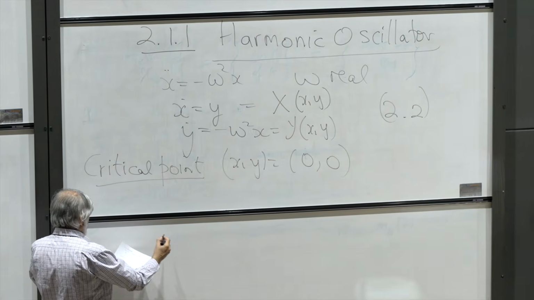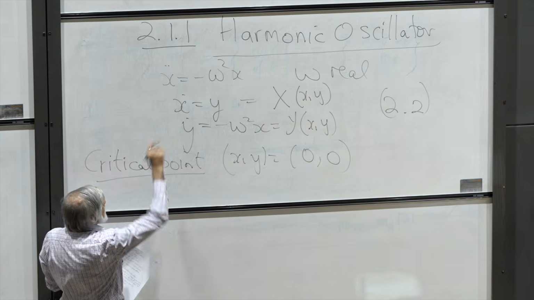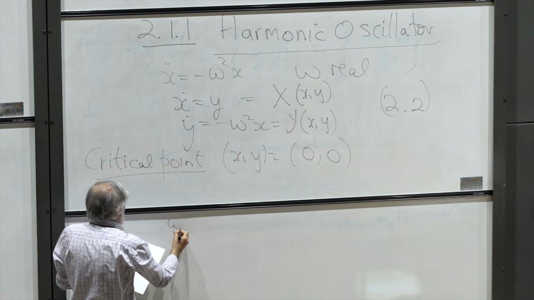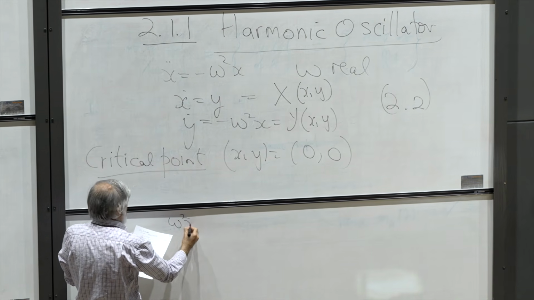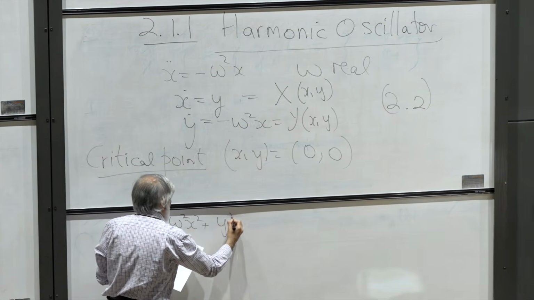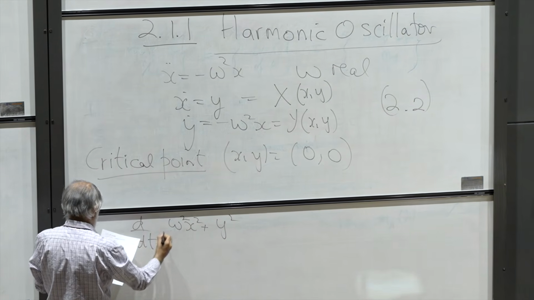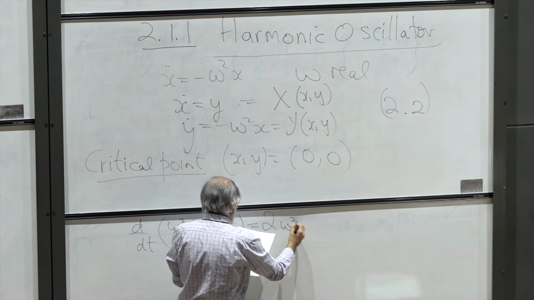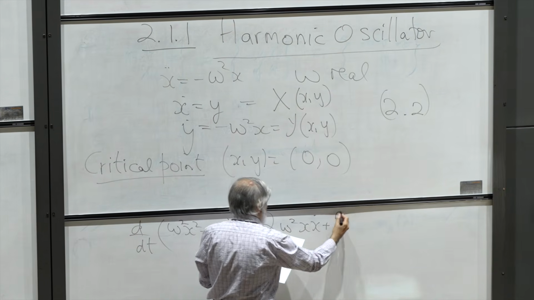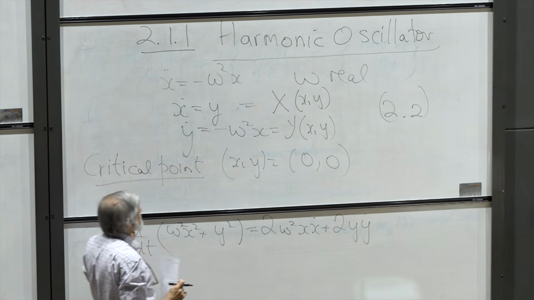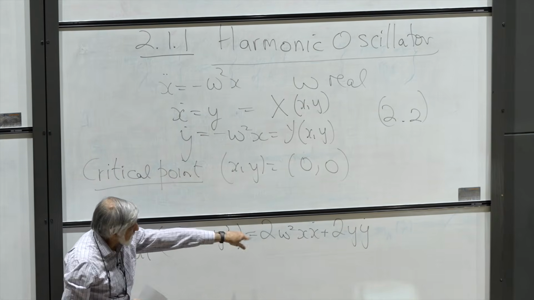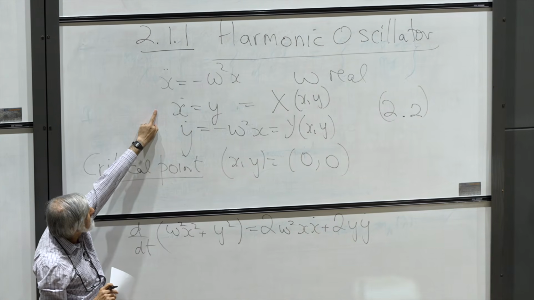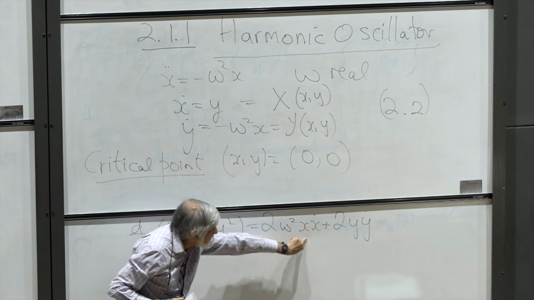And note that if we were to take omega squared x squared plus y squared, the d by dt of that, that's going to be 2 omega squared x x dot plus 2 y y dot. And so what does that give us? Well, forget about the 2. If I multiply this by omega squared x, gets me that.